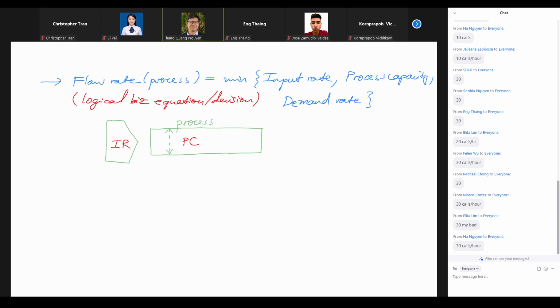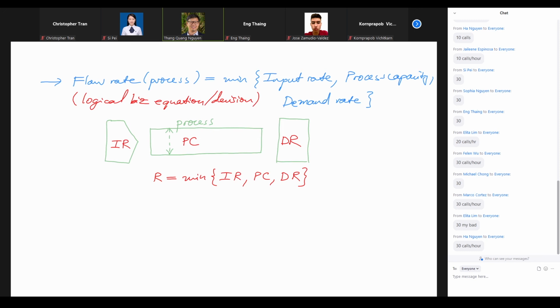But actually, sometimes we do not have the input. And the next number that we also need to know is the demand rate. And our flow rate is the minimum among these three: the input rate, the process capacity, and the demand rate. Right? As a manager, I bet that you would make your decision according to this equation.